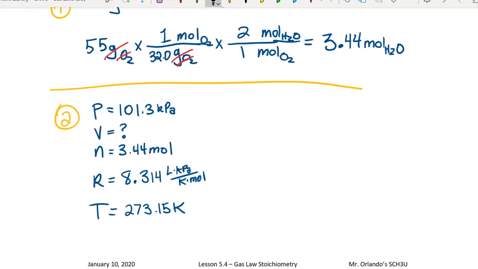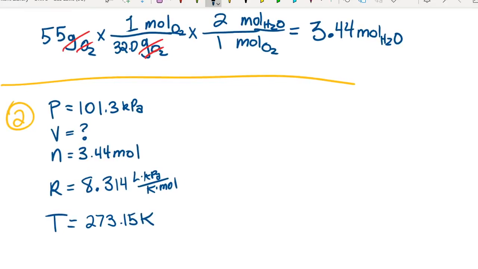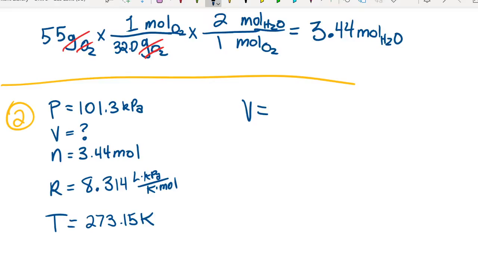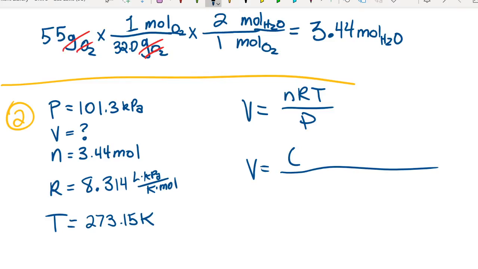All right. And then we just, hey, how do I solve PV equals nRT if we're looking for V? V is equal to? Very good. And n was what? What am I putting here? Yep.